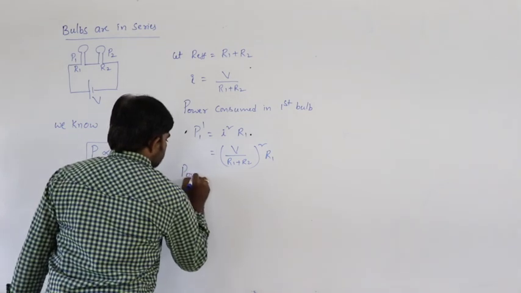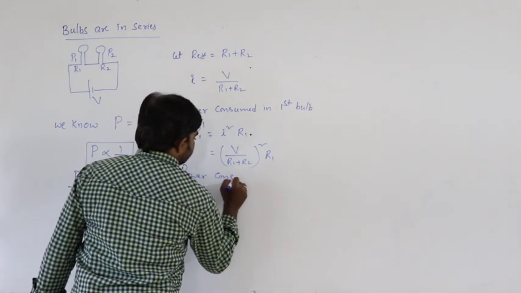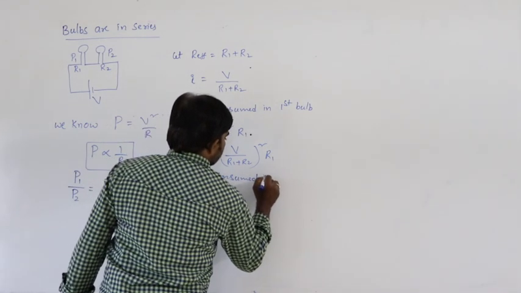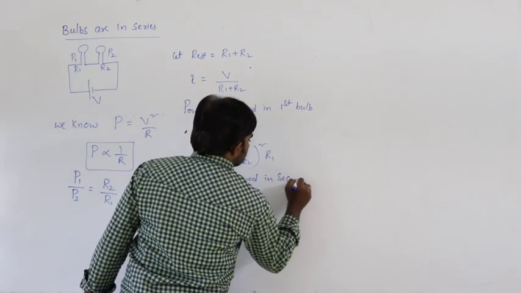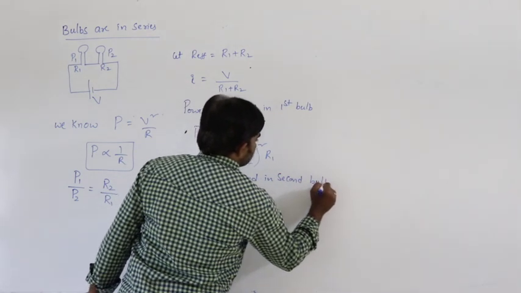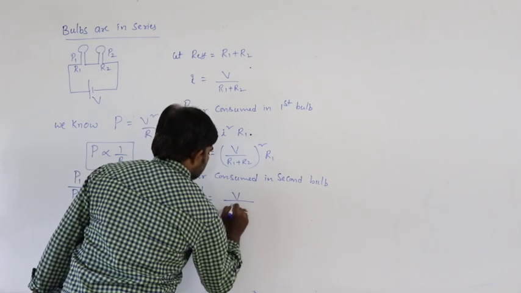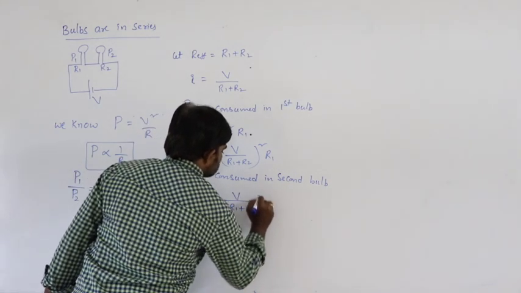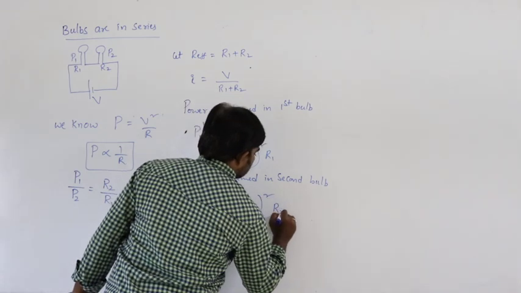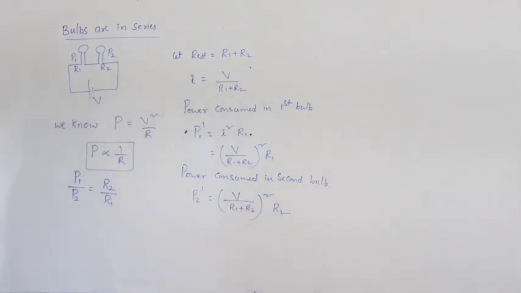Next, the power consumed in the second bulb is P2 dash equal to V by R1 plus R2 whole square into R2. So this is the situation here.